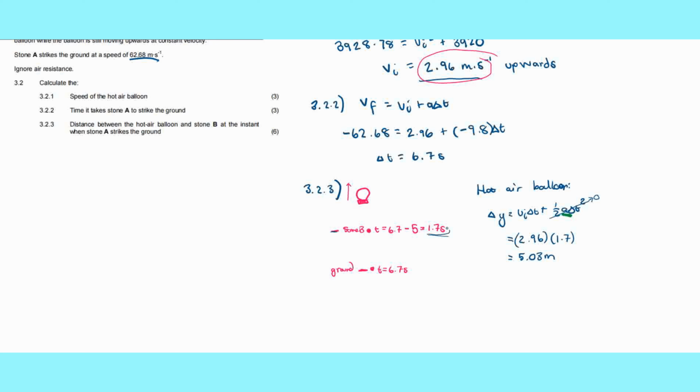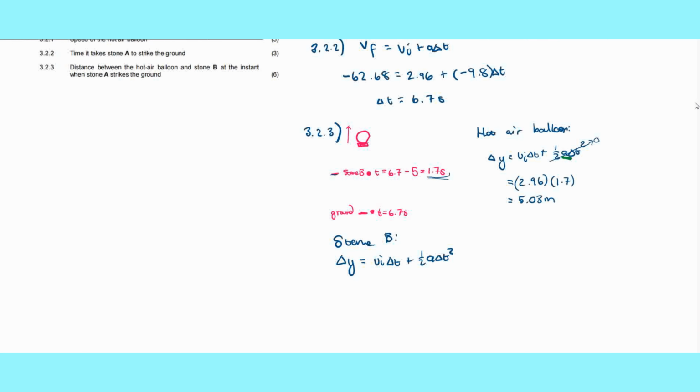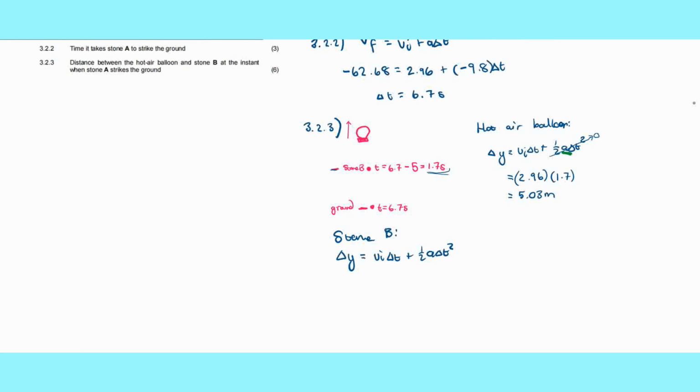So continuing the calculations, this time for stone B, we will use the exact same equation of motion, delta y equals vi delta t plus a half a delta t squared. Stone B's initial velocity equals the hot air balloon's velocity because it was dropped from the hot air balloon. So this is positive 2.96 meters per second.